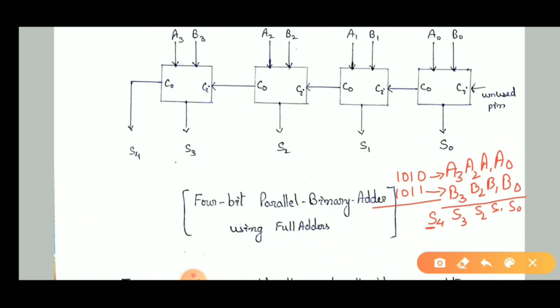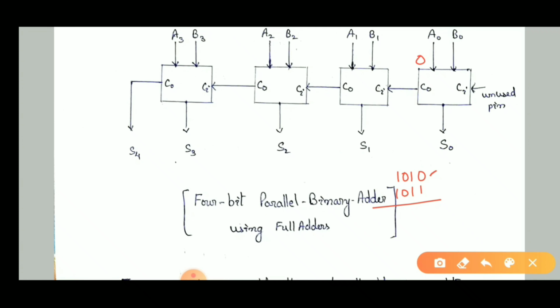Now you treat this 0 as A0. That is why I am writing 0 here. Again this 1 as B0.